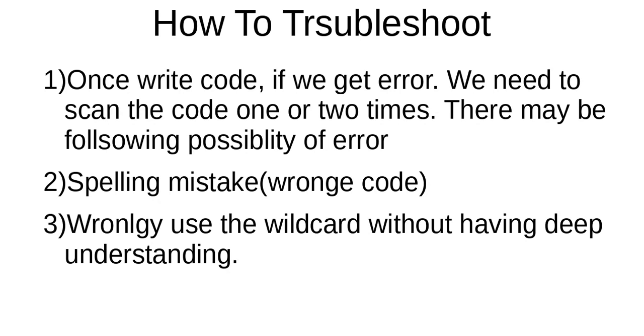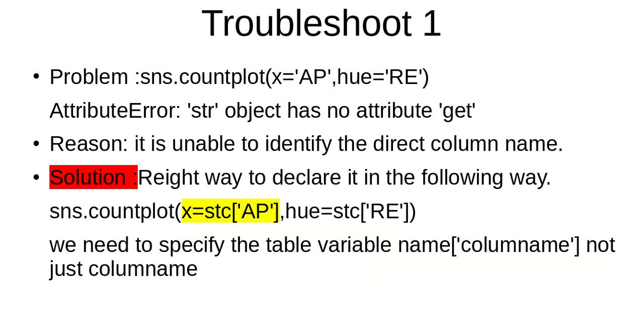So two possibilities: code problem or understanding problem. Use it properly, wisely. In troubleshooting, I'm getting this error: string object has no attribute get. The problem is I need to define it properly. I was directly defining it as a variable, but it's a pandas data string. We need to define it the right way.